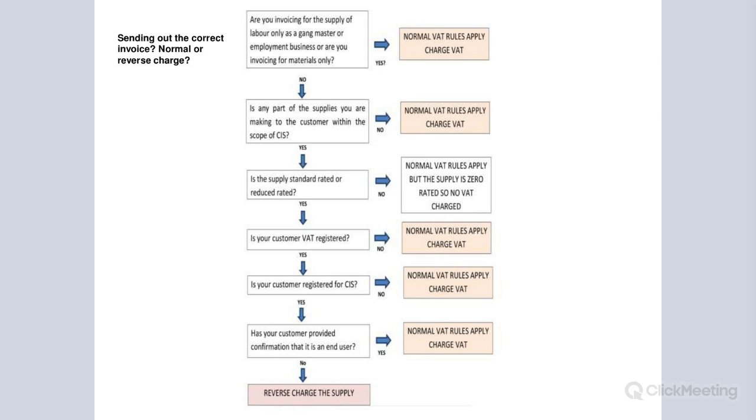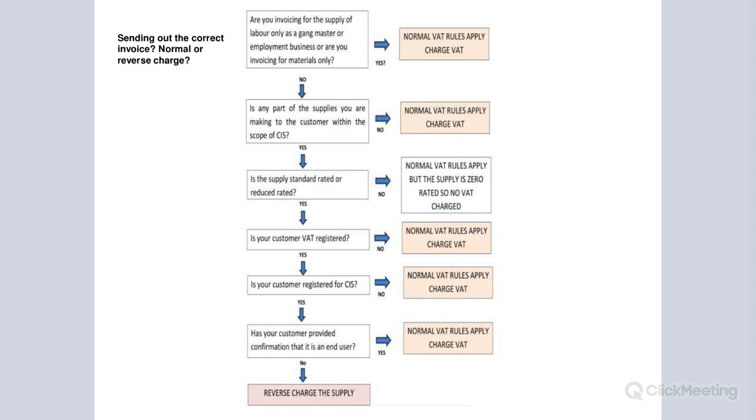So if you are a subcontractor working for a main contractor who's working for a client, the main contractor isn't the end user. They're going to on-sell building work. You will ask for an end user statement, and either they'll say, no, we're not an end user, or they won't give you one. If you don't get it, you will reverse charge.